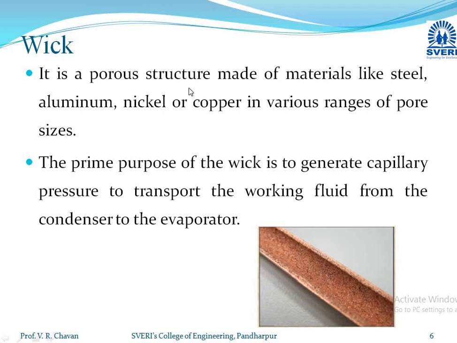It is a porous structure made of materials like steel, aluminum, nickel or copper in various ranges of pore size. Pore size means the size of the holes present inside that material. It is available in different sizes, and on the basis of those sizes the effectiveness of the heat exchanger depends. The prime purpose of a wick is to generate capillary pressure to transfer the working fluid from the condenser to the evaporator.